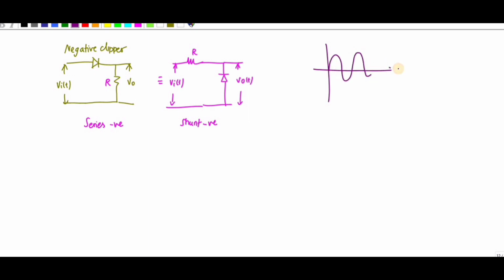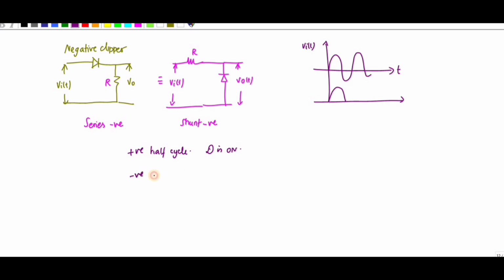If you see, this is your input Vi(t). During the positive half cycle, the diode is short circuited, so the diode is on. Therefore, Vi will reach the output exactly.